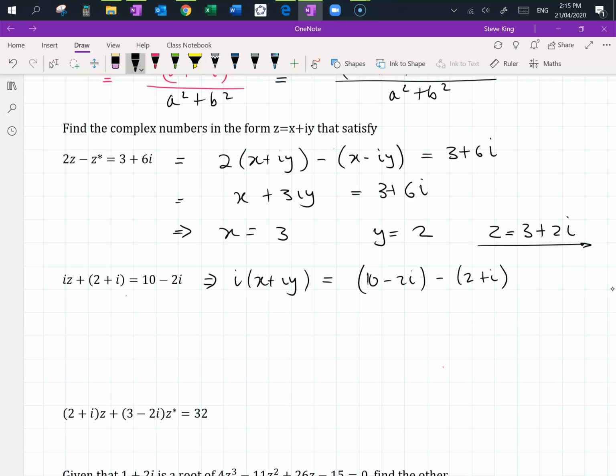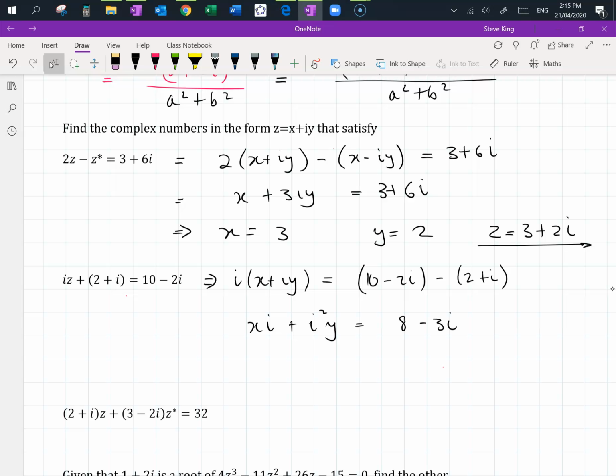So what have I got on the left-hand side? On the left-hand side, I've got xi plus i squared y is going to equal 10 take away 2 will give me 8. And minus 2i minus an i will give me minus 3i.